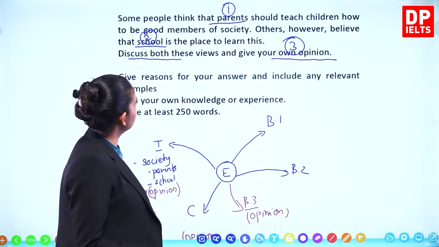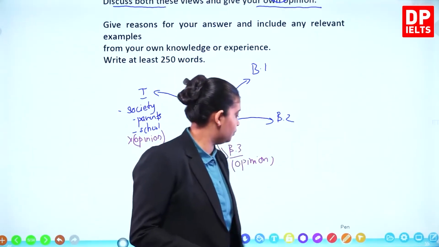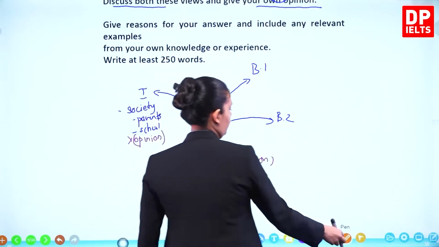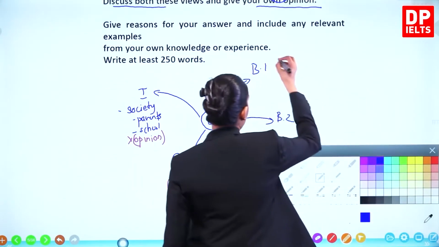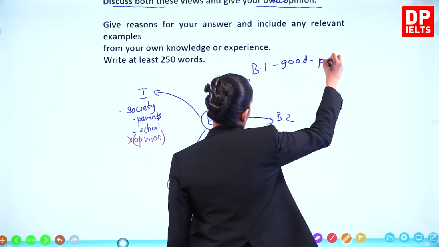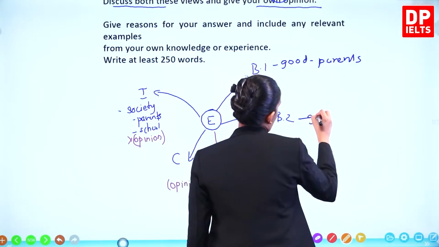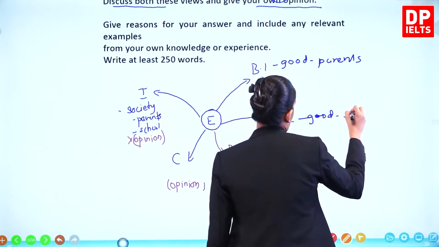Parents should teach children how to be good members. So here you could write down body para 1, good parents, good school.